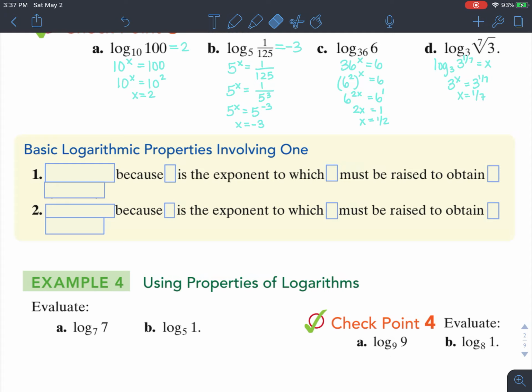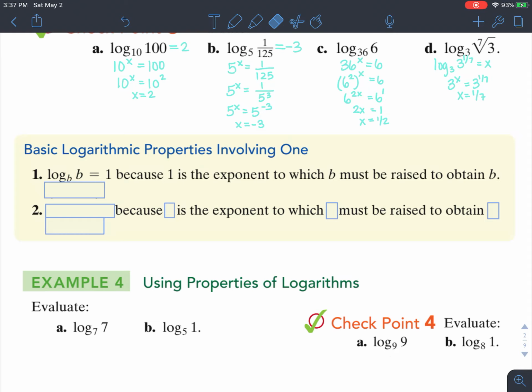Okay. So basic logarithmic properties involving 1. Log base b of b is 1 because b to the 1 is the exponent to which b must be raised to obtain b.